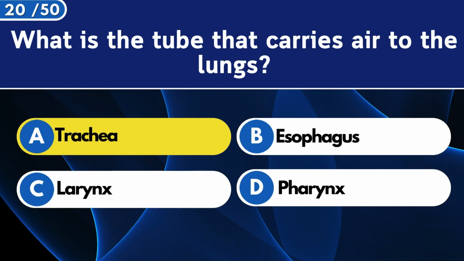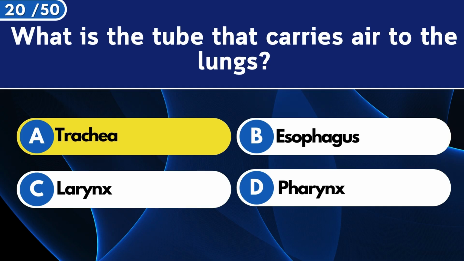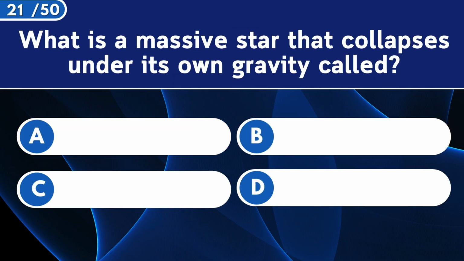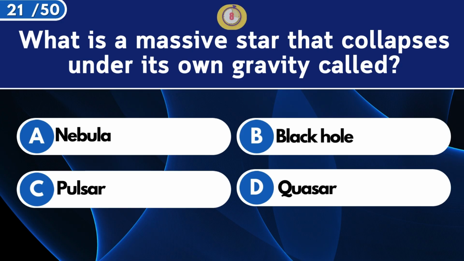Trachea. What is a massive star that collapses under its own gravity called? A black hole.